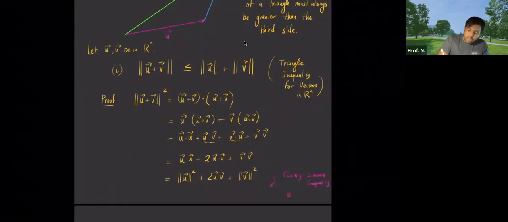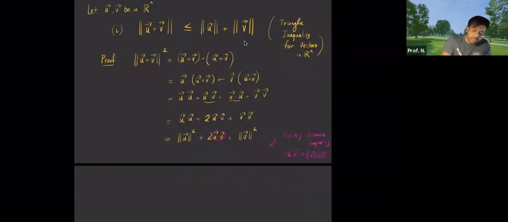It states that u dot v is always less than or equal to the norm of u times the norm of v. So that means that this thing here will always be less than or equal to what? The norm of u times the norm of v.